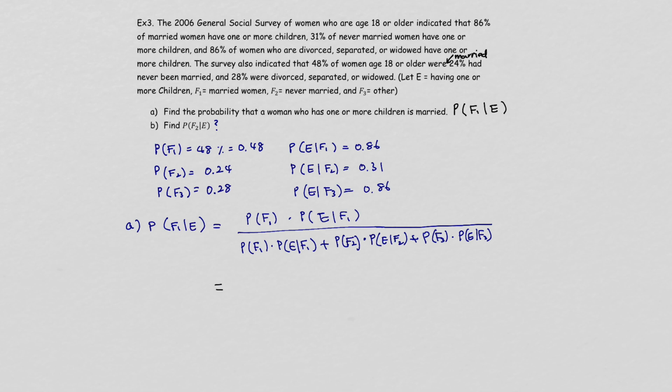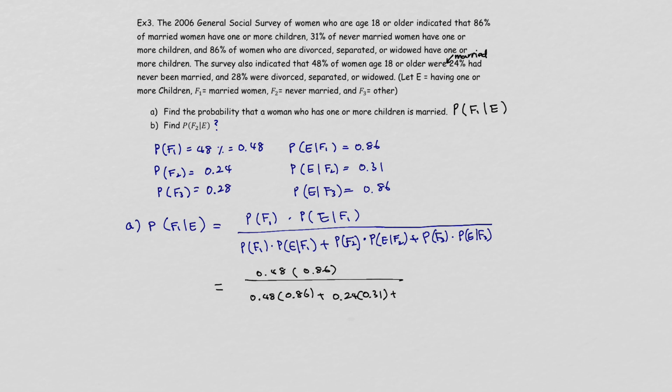So then when you replace those numbers, it will be 0.48 times 0.86 over 0.48 times 0.86 plus 0.24 times 0.31. That comes from right here, right? The probability of F2 is involved.